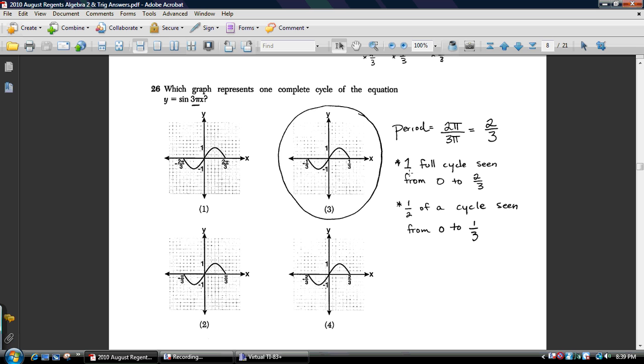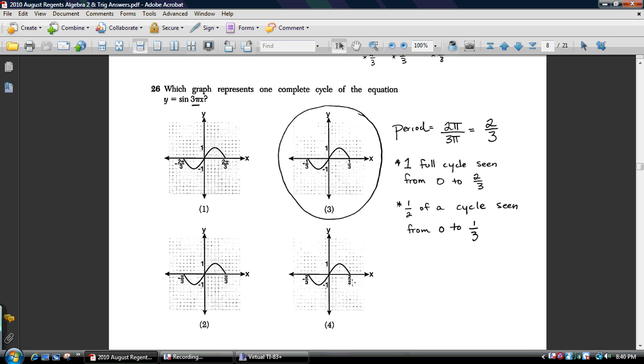Which means you will see one full cycle between 0 and 2/3. One full sine cycle, which is like an S shape like this. And so look, I'm looking at these, and in 2 pi over 3, that doesn't fit. Pi over 3, that doesn't fit.